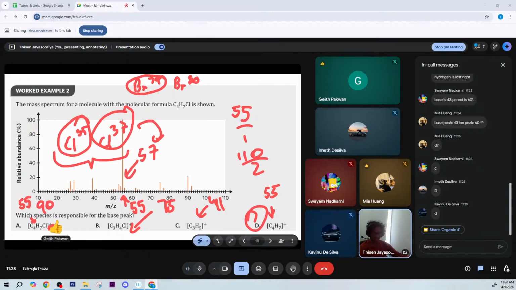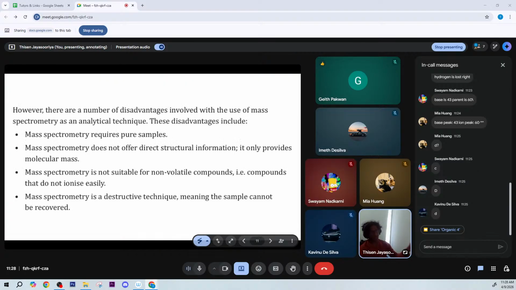Some crazy organic stuff. So, here are some disadvantages. You need to have a pure substance. If you don't have a pure substance, then it messes with it all. It doesn't tell you anything about the structural information. It only tells you about the molecular mass. So I want you to remember, a mass spectrum only tells you about the molar mass.